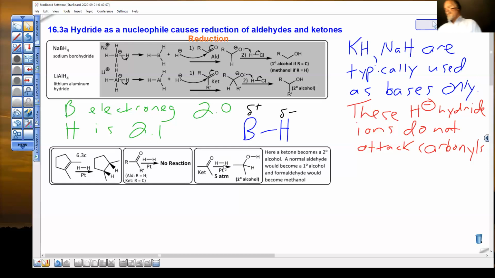So when they scale up things to industrial scales, they will find excuses to make this the method to reduce aldehydes or ketones. So there you go. Hydrides can reduce aldehydes and ketones.